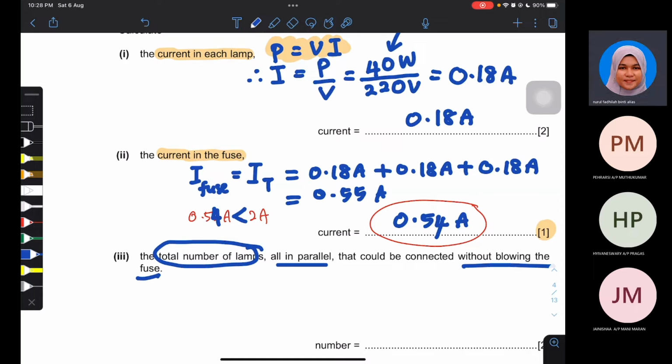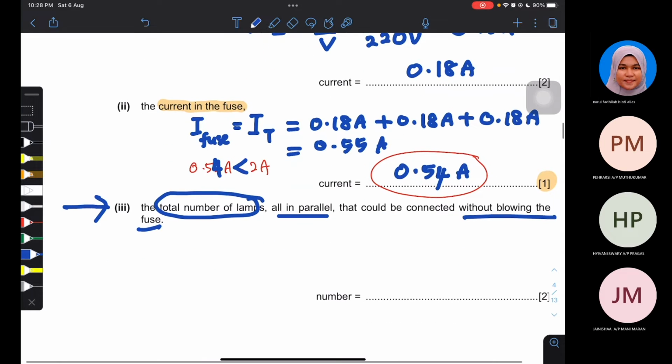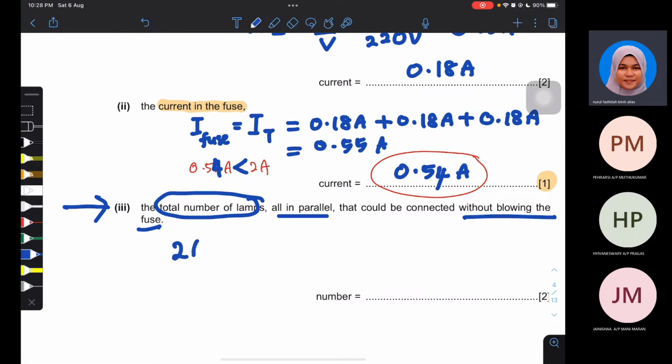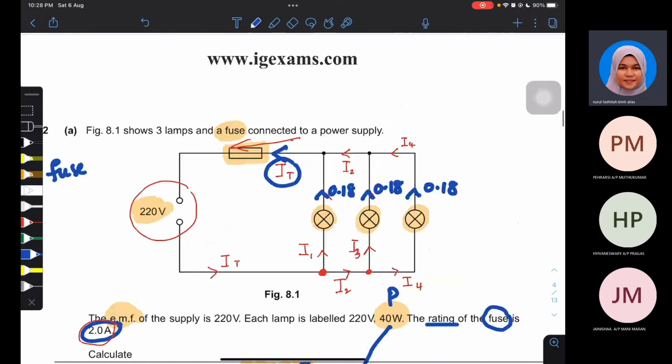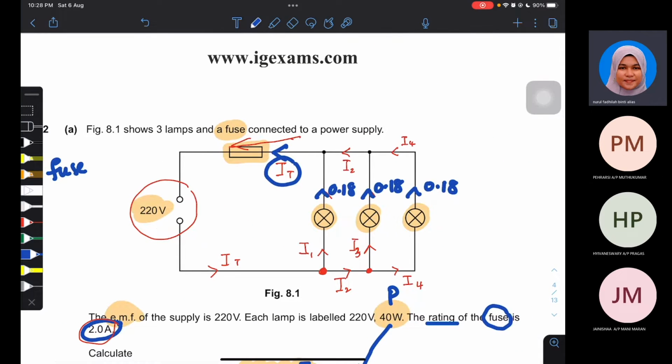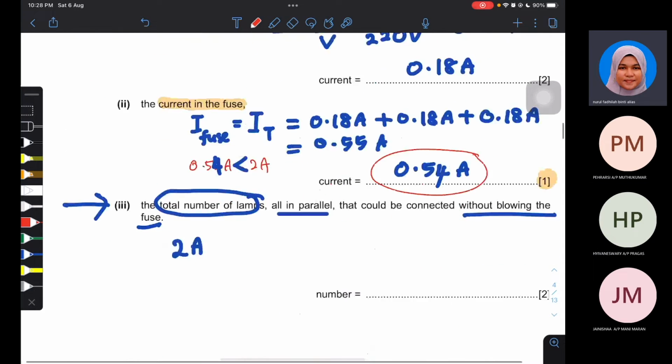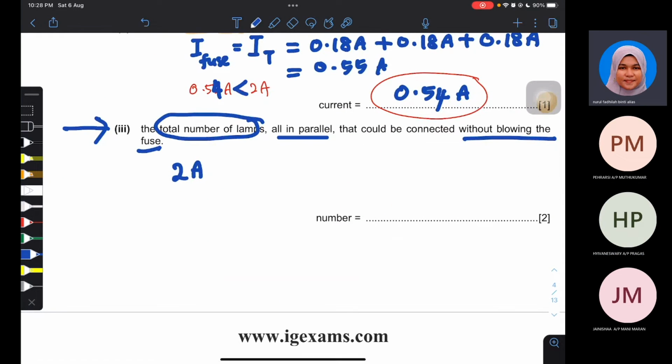Jadi you faham tak soalan ni nak apa? So the limit is 2 amps. Jadi berapa banyak lamp yang kita boleh letak sebelum dia melt? So 2 nak bahagikan dengan 0.18 amps.